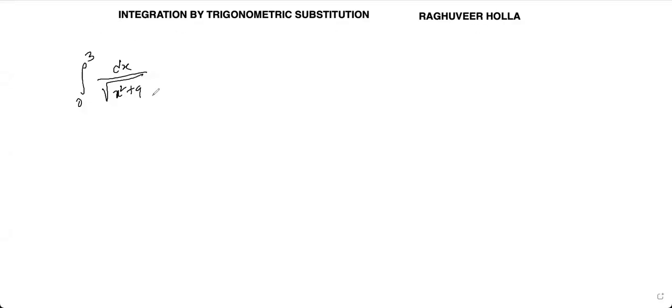Let us solve this problem. Integrate 0 to 3 dx by square root of x square plus 9. Now, we rewrite x square plus 9 in the form of x square plus a square, right? So a square is 9, so a will be 3.